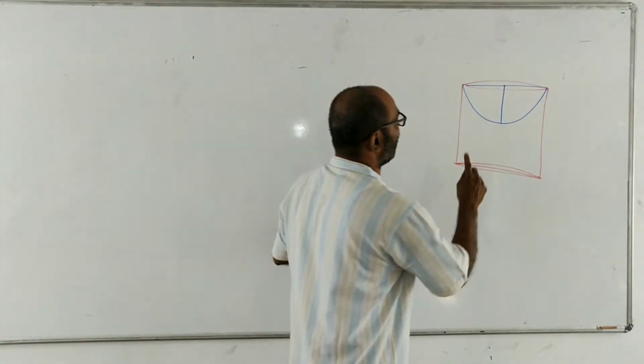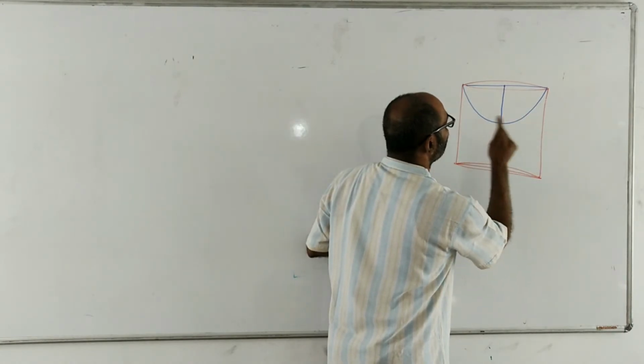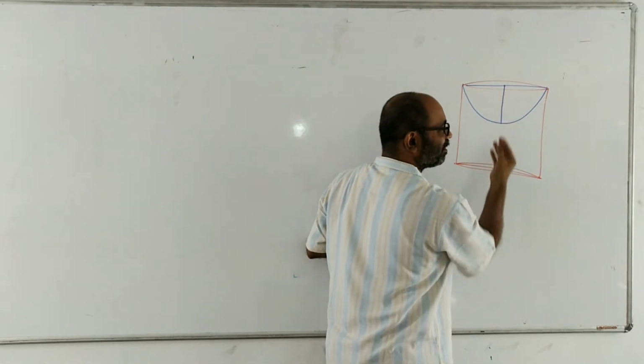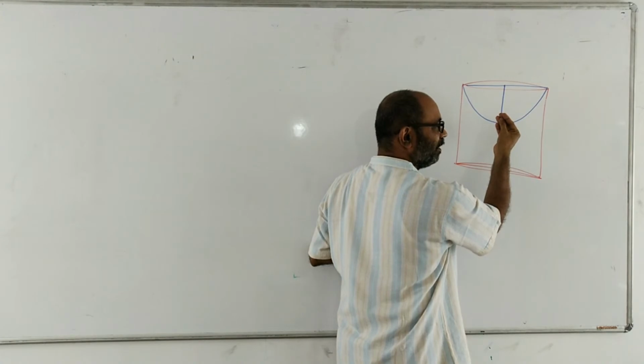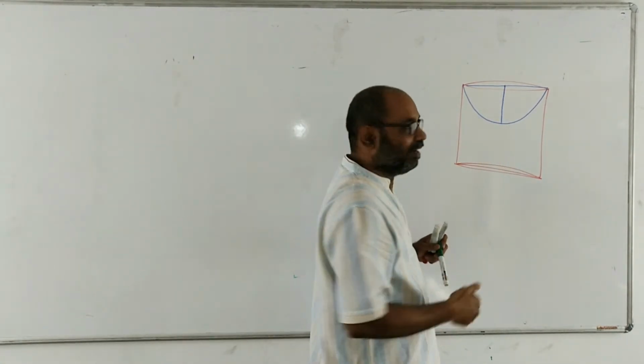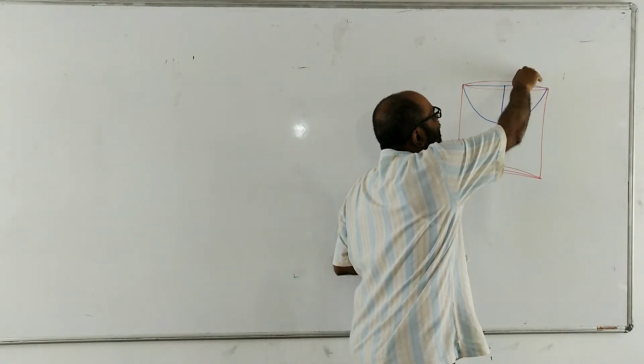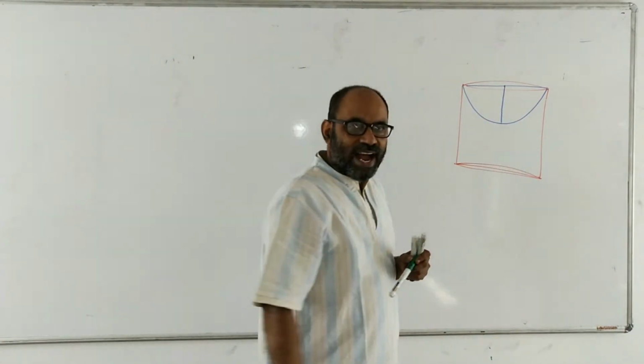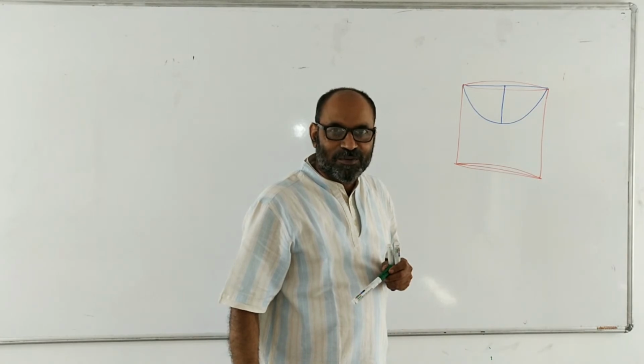Total surface area क्या आएगी? ये curved surface. ये तो hollow है. Cylinder is hollow. Correct? Okay. So simply the curved surface area of cylinder and the curved surface area of hemisphere. That will be the total surface area of the bird bath.